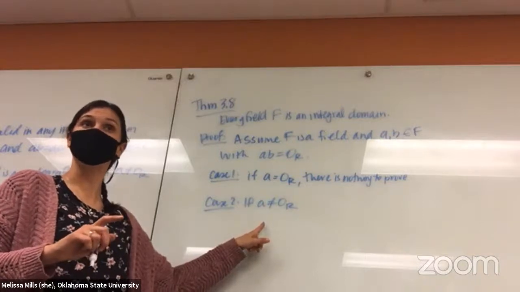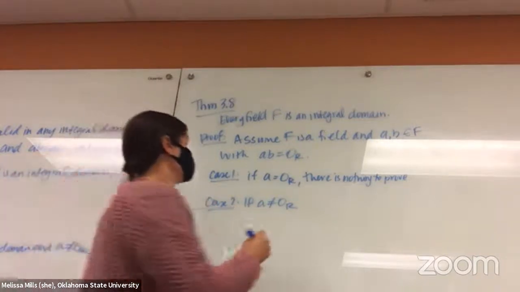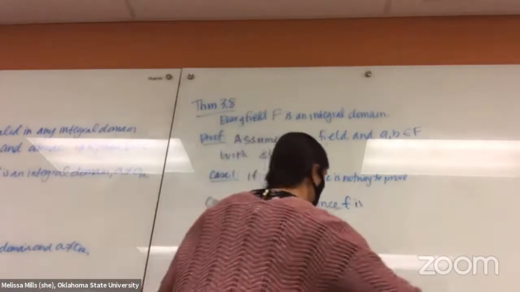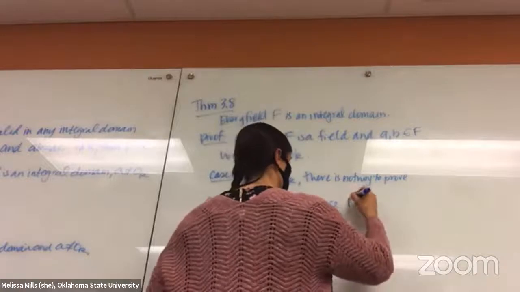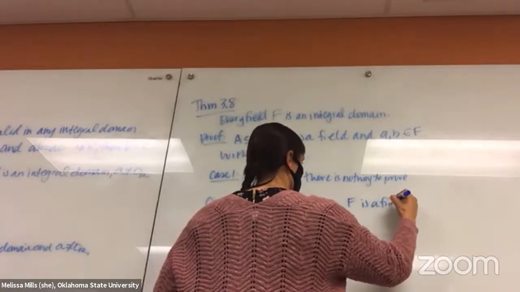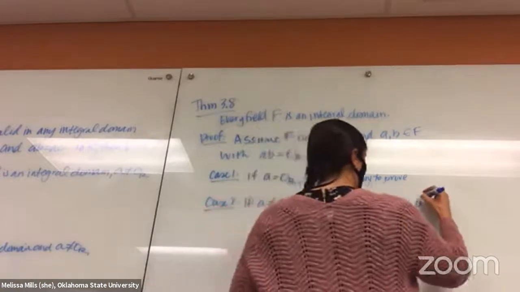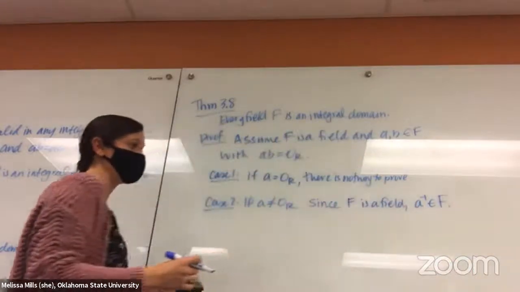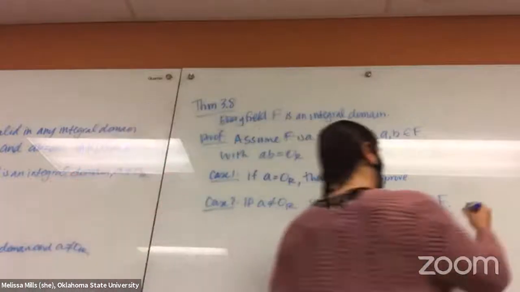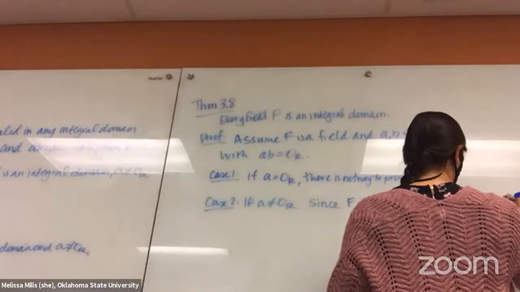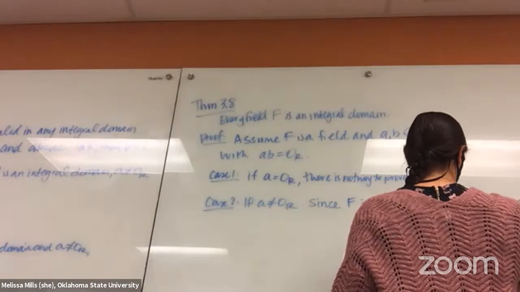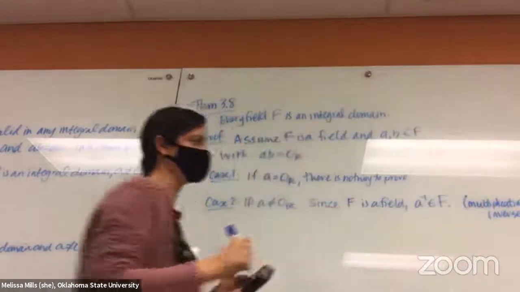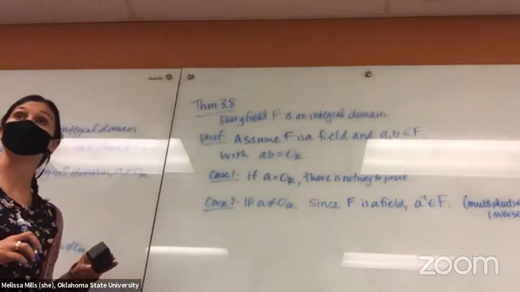So if A is non-zero, then since F is a field, A inverse is in F. So A inverse, that's my multiplicative inverse. Our notation for that is A with the -1 there.